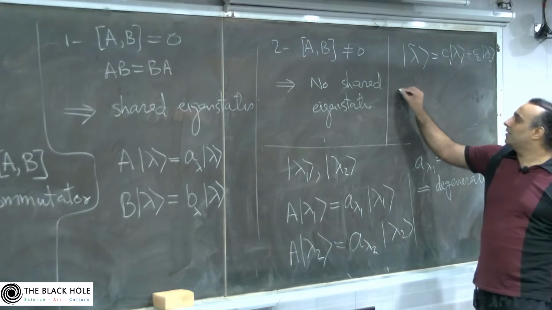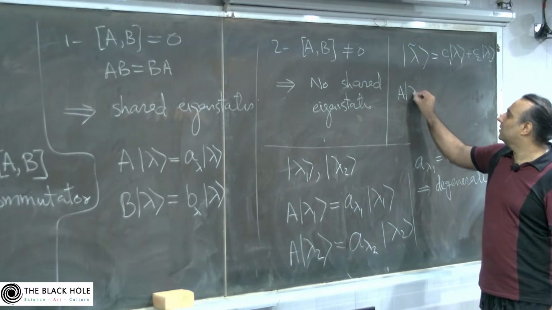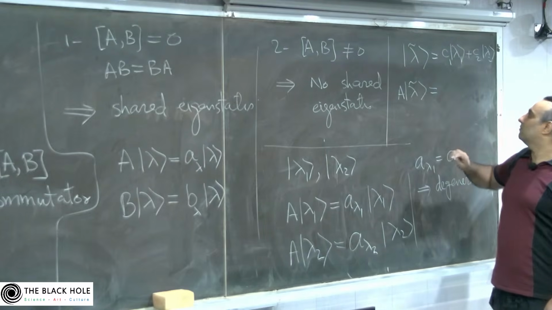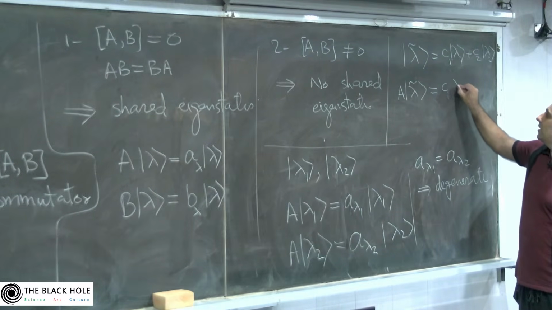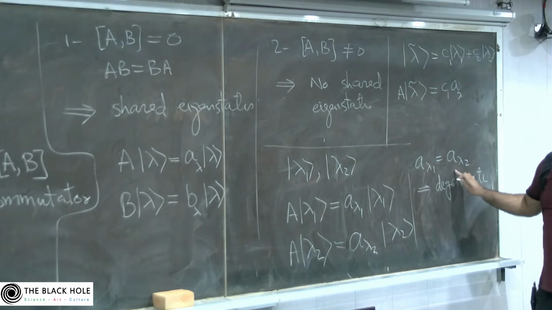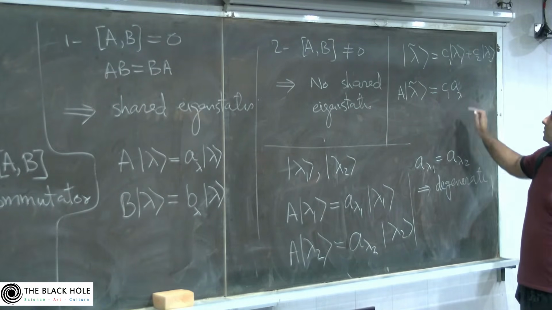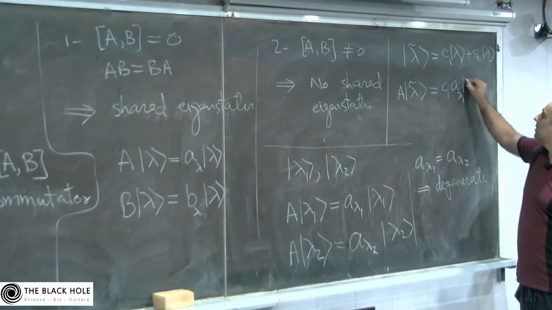So if we apply A on lambda tilde, we get C1 times A lambda 1 plus C2 times A lambda 2. A lambda 1 and A lambda 2 are equal, so I'll be using just the one eigenvalue.